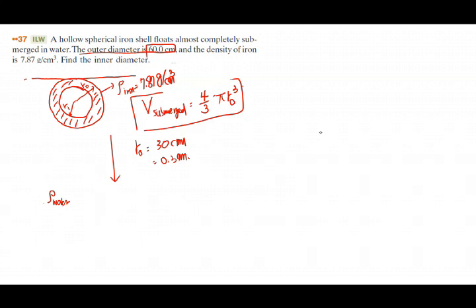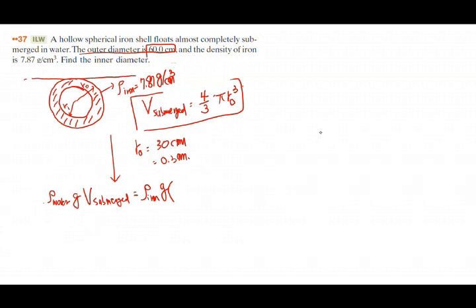So rho water times g times V submerged should be the same as rho iron times g times the volume of the iron.